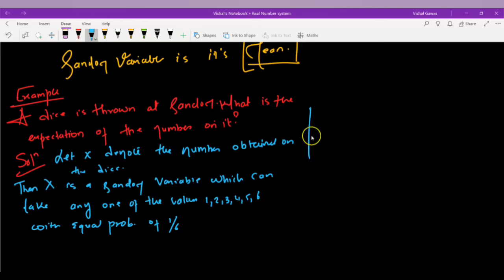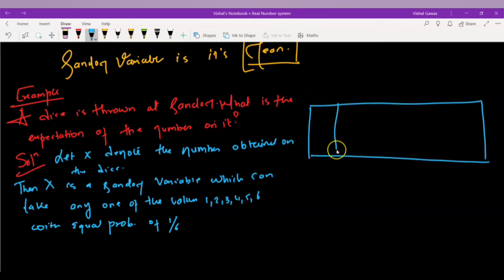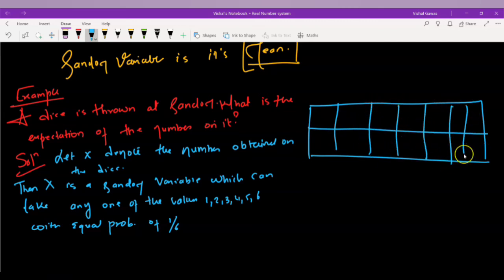If I look at the table, I'll just draw it. This is like x values, this is p of x. This is 1, 2, 3, 4, 5, 6. So the probability of getting a 1 is 1 by 6, getting a 2 is 1 by 6. Everything is 1 by 6, equal.